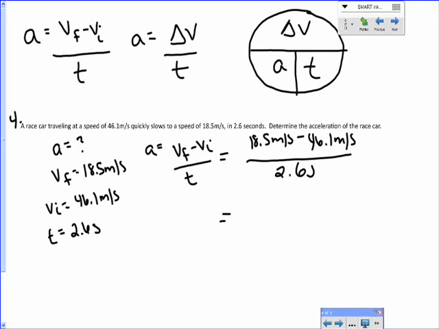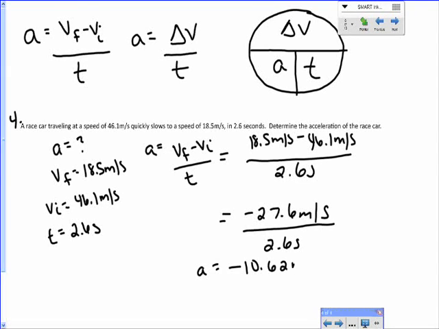So in your calculator you're going to say 18.5 minus 46.1, and that's going to equal a negative 27.6 meters per second divided by the 2.6 seconds. And in your calculator, you're going to say negative 27.6 divided by 2.6, and that's going to equal a negative 10.62 meters per second squared acceleration.